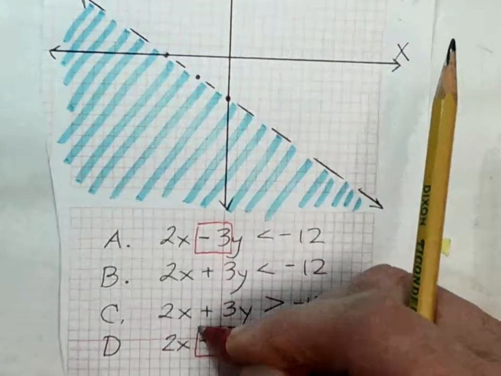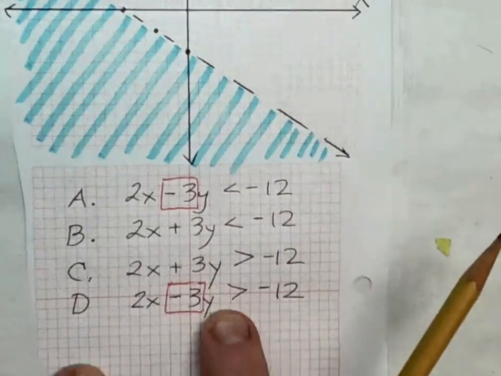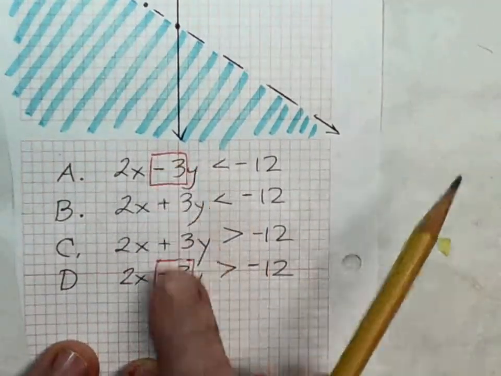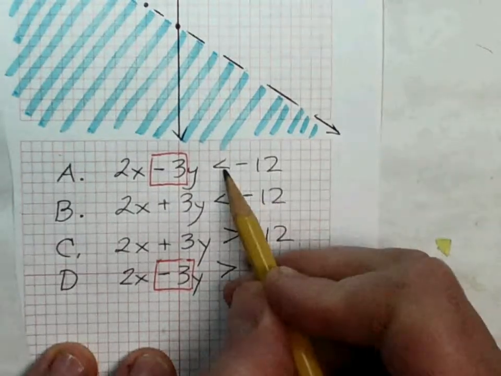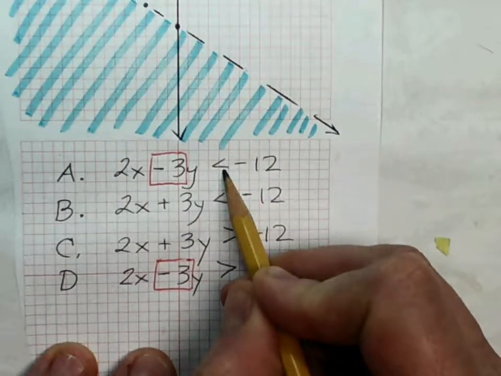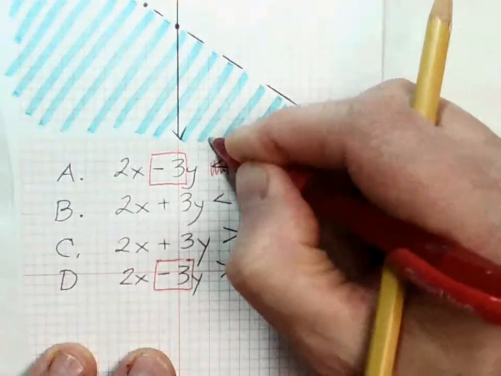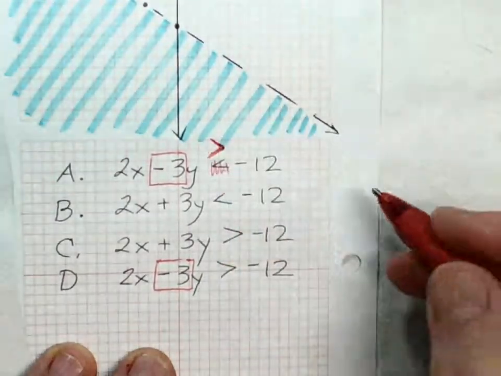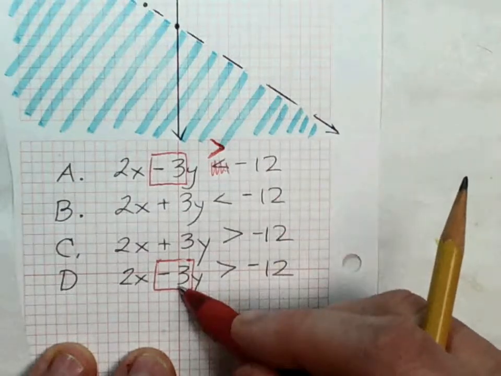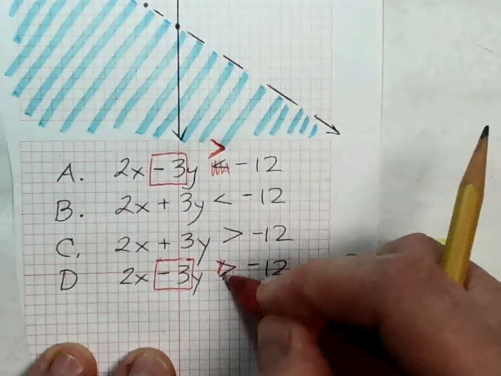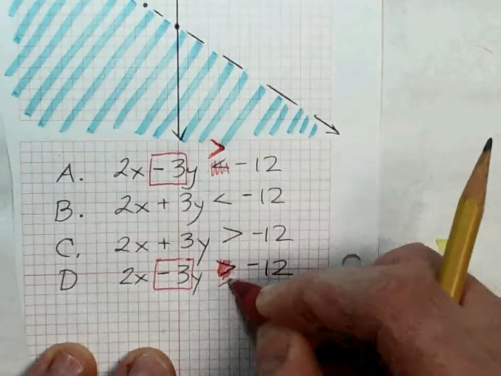So on these two problems right here, because the number in front of the y is negative, this less than symbol will actually switch to greater than. And this one down here, this greater than, will actually have to switch to less than.